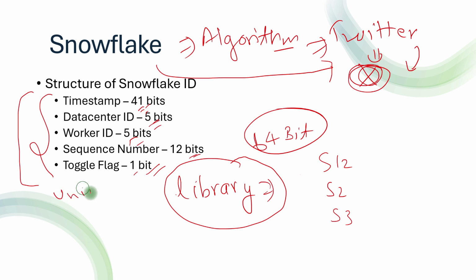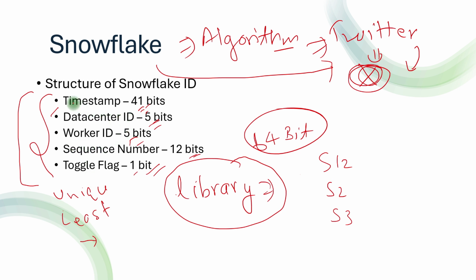It is unique, sortable by time, fault tolerant, and has the least latency because we are generating it in the service itself. We are not calling any service. It is secure because there is no way the next ID can be predicted.